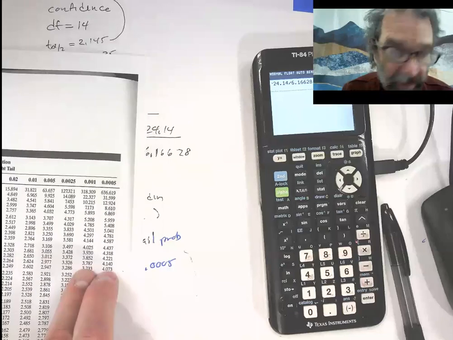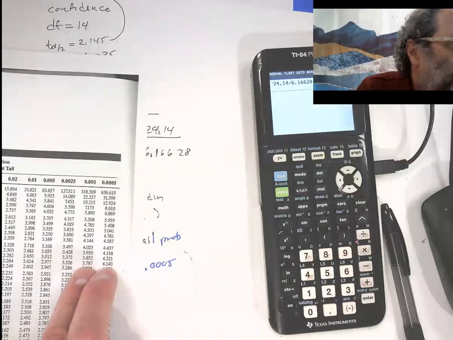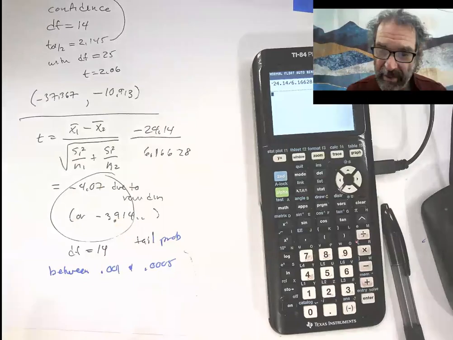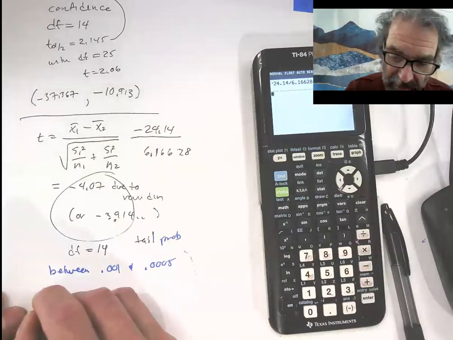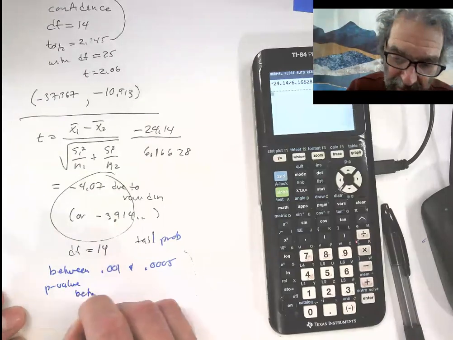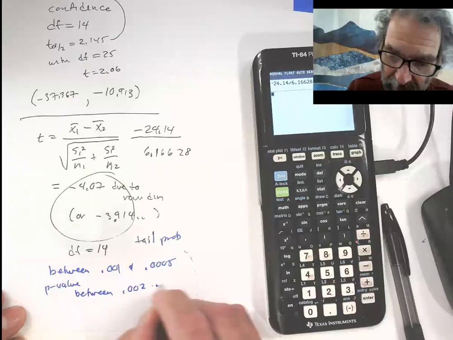We're down here, 4.1 and 3.7. So the 3.91 is between those two. So the tail probability is between these two. Okay, but it's a two-sided test. So the p-value is between doubling those two values, 0.002 and 0.001.